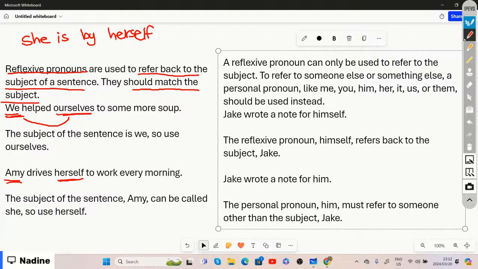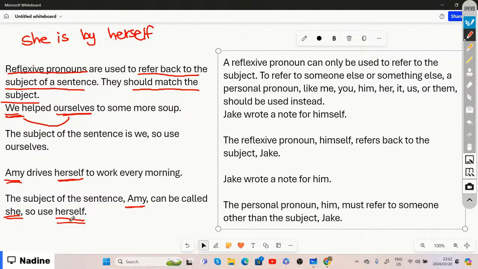Girl being a female, we refer to the reflexive pronoun as herself. So here the subject of the sentence, Amy, the girl, can be called she, so we use herself, right?